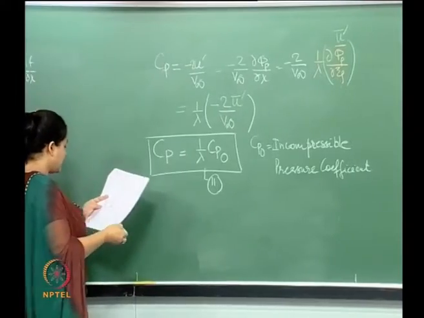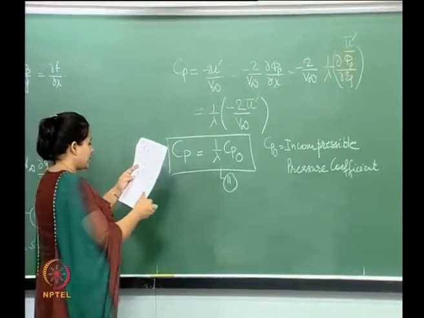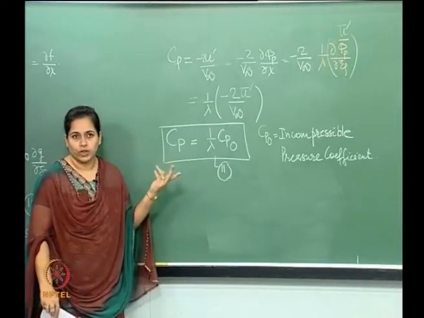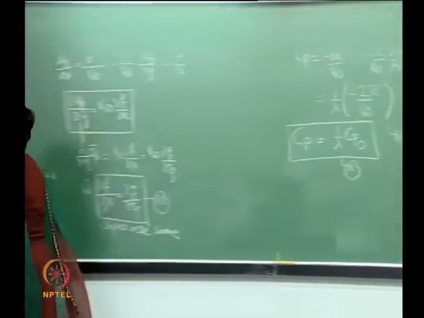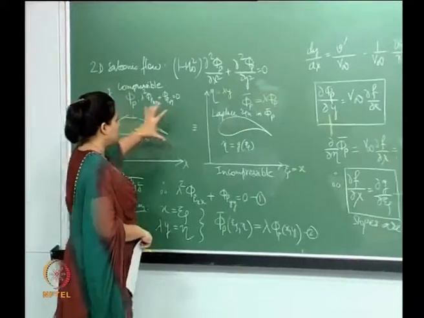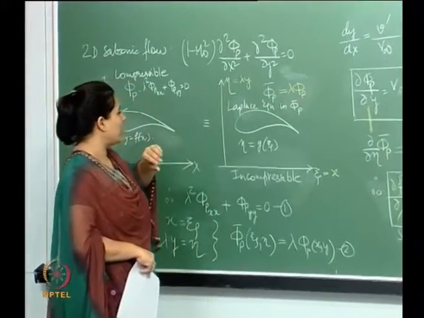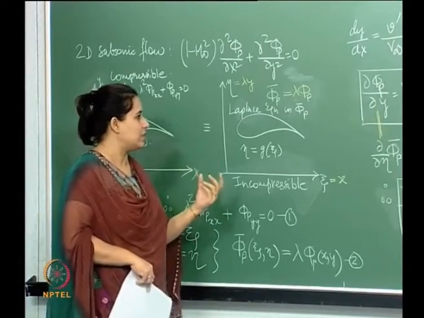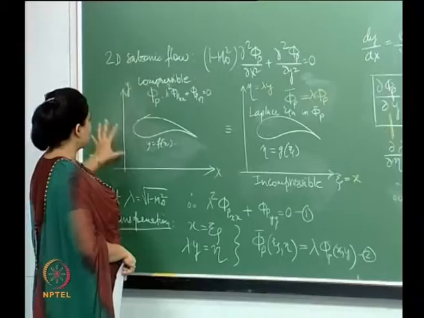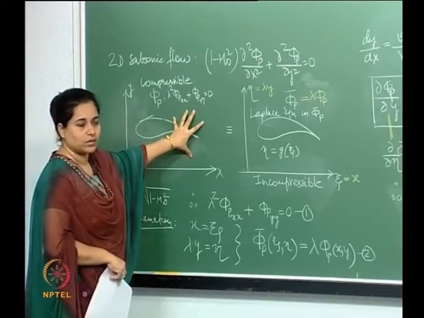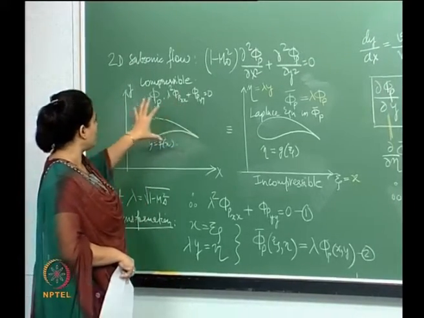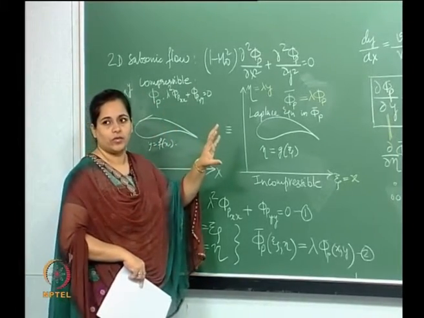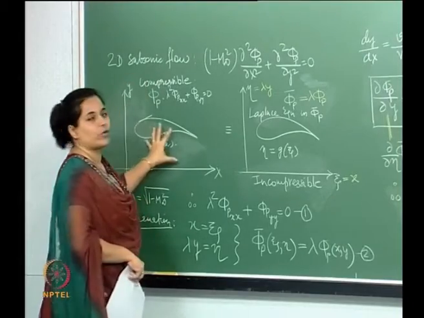Okay. And so, what we basically see is that we have the same profile, the same body, and what we have done now is that we have related the Cp in this compressible flow field to the Cp in an incompressible flow field over the same profile.